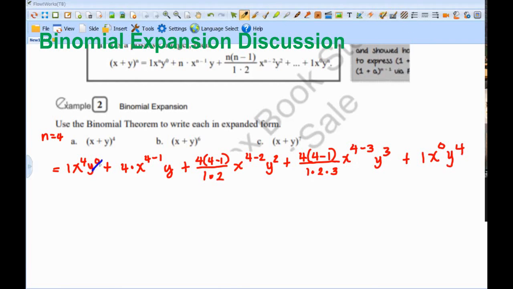So this is already 1 and this is 1. So it will be x to the 4th, plus 4x cubed y, plus 4 times 3 is 12, 12 divided by 2 is 6, 6x squared y squared, plus 4 times 3 is 12, divided by 6.